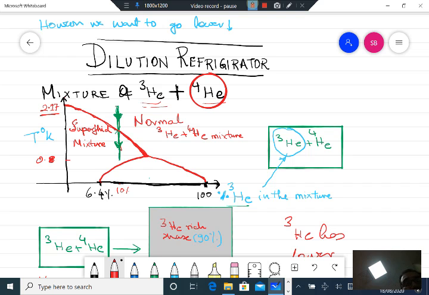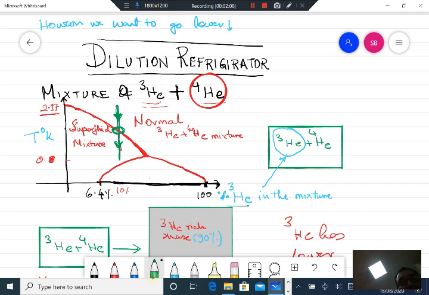Namely, suppose you have a mixture of helium-3, helium-4, and you are cooling this mixture along this green line. So let us say that you are starting at 2.17 Kelvin, where you have a mixture of helium-3, helium-4, and at this point the superfluid temperature is at this point for this mixture.